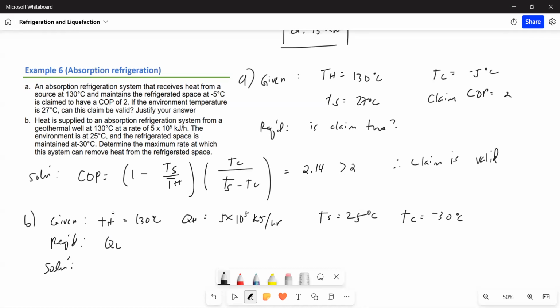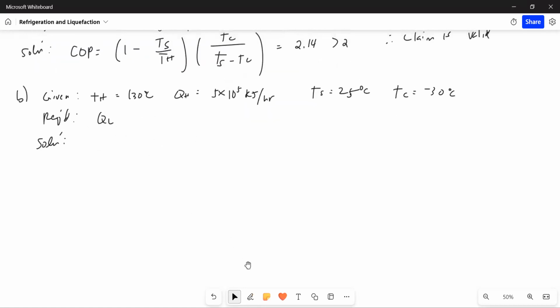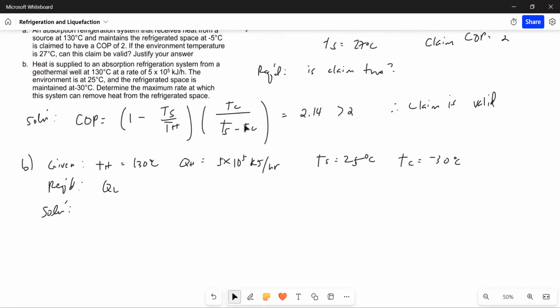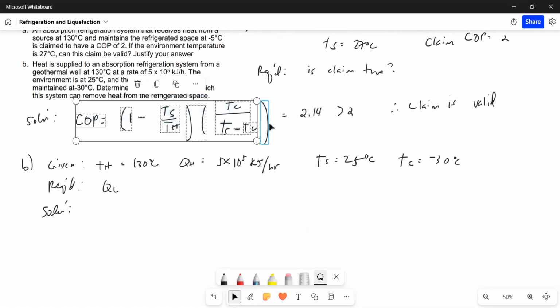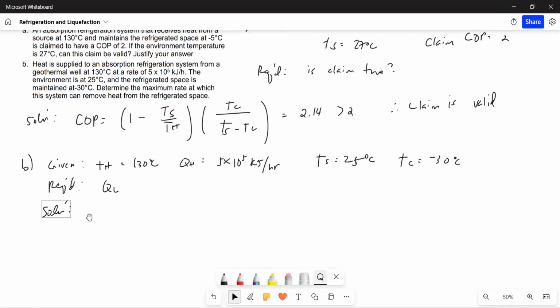Yun lang naman ang unknown, kasi COP, if we write the COP equation, I'll not write it again. This equation right here, can I just copy paste? Oops, hindi na copy paste.